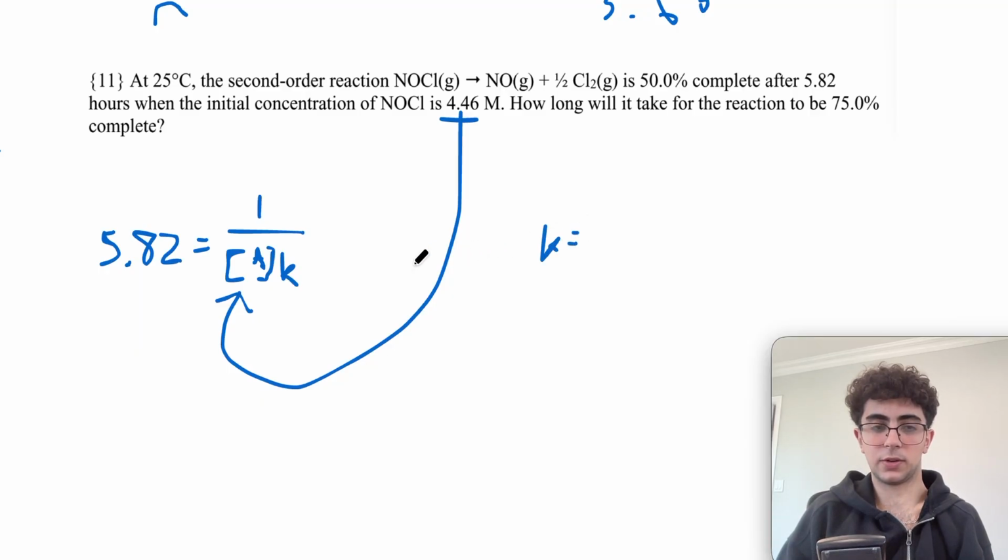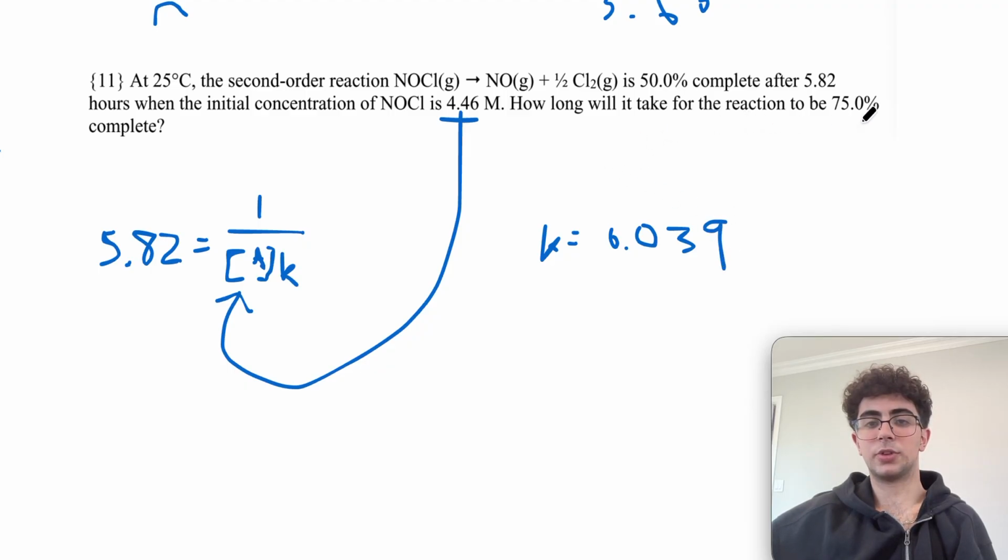So solving for k, I get that k is about 0.039. Now with k, it says how long will it take to be 75% complete? I can just plug it into my normal integrated rate law expression.